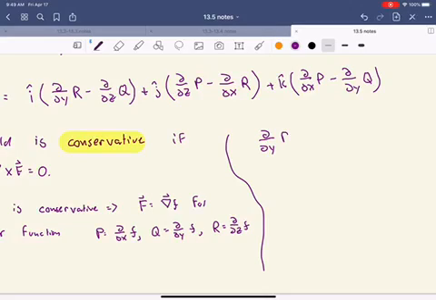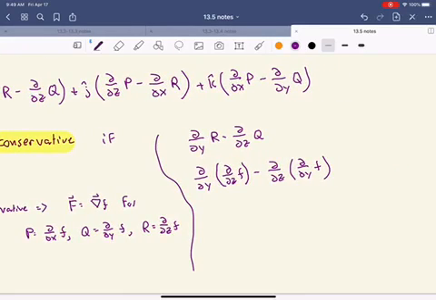Partial with respect to y of r minus partial with respect to z of q is going to be partial with respect to y, but r is partial with respect to z of f, minus partial with respect to z, and q is partial with respect to y of f. So these should be 0 by the whole thing about mixed partials being equal for, let's call it, well-behaved functions.